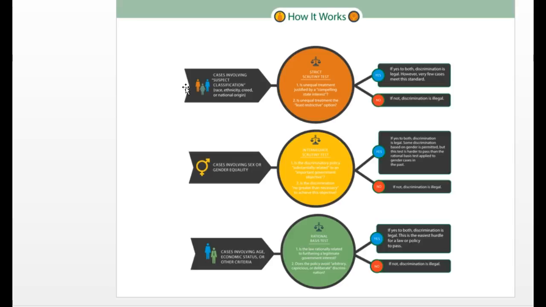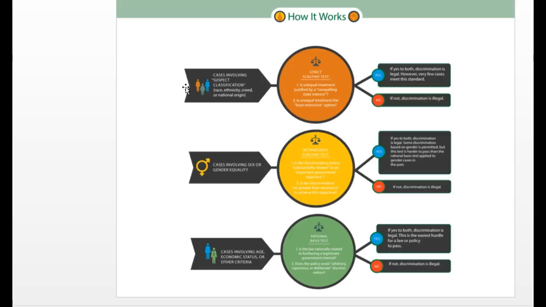Another form in which we see this is affirmative action in university admissions. And so some colleges, in order to have a more diverse learning environment, will give some form of preference based on race.